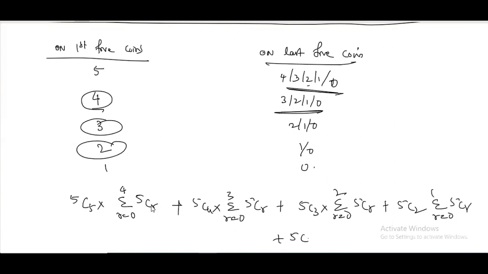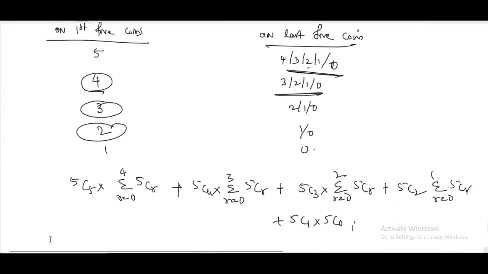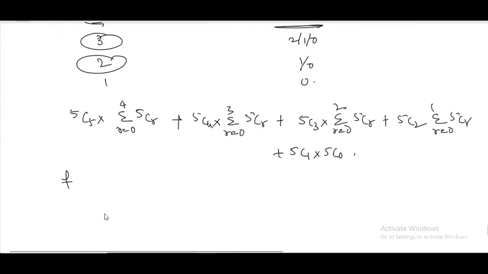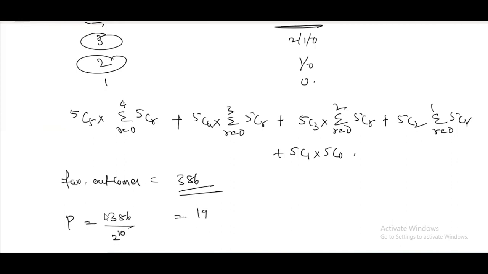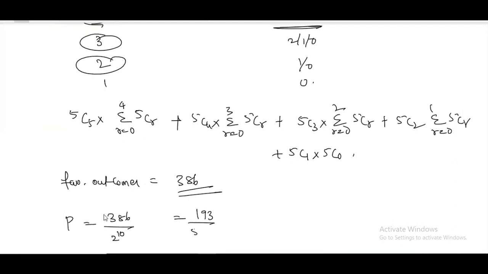Here 5C1 ways into 5C0 ways. So if you calculate all this, the favorable outcomes will be 386. So the probability of this event is 386 by 2 power 10, which can be written as 193 by 512.